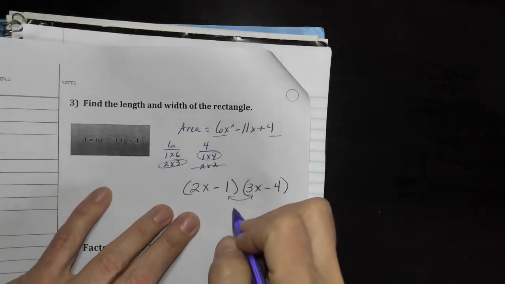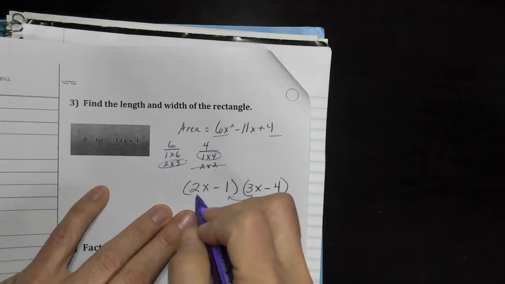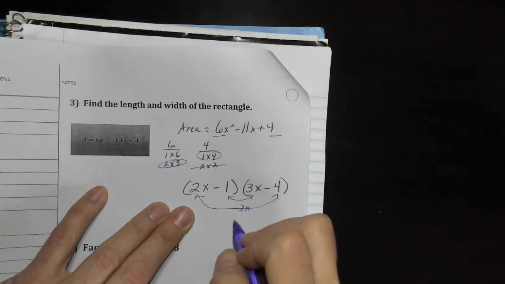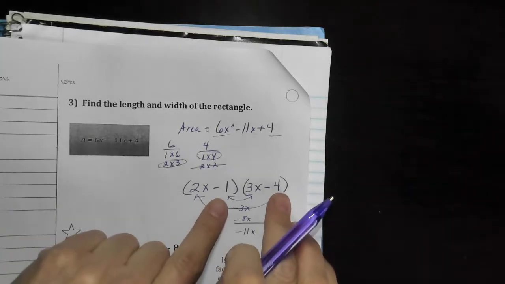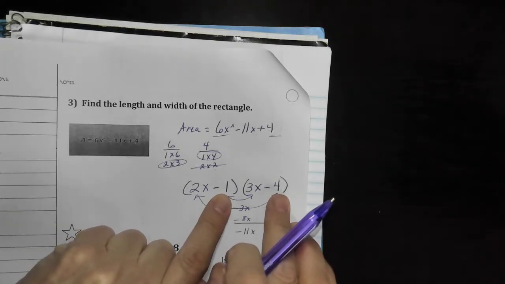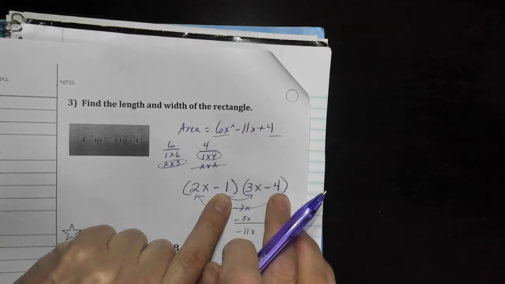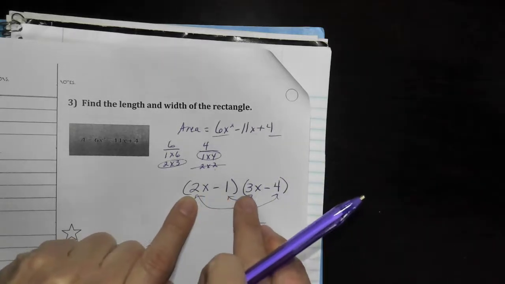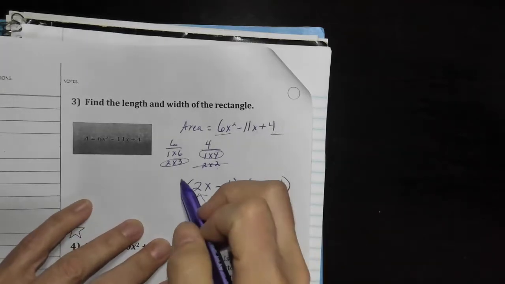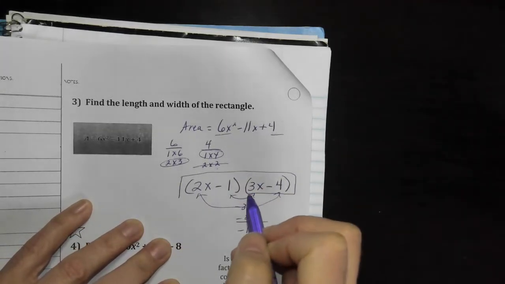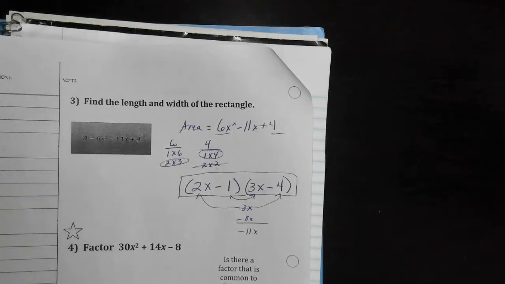Negative 3x for my inside. Negative 8x for my outside. That does give me negative 11x. If I check my last, negative 1 times negative 4 gives me 4. So there's my plus 4 at the end. And 2x times 3x is 6x squared. Here's my factored form. And it did check by FOIL.